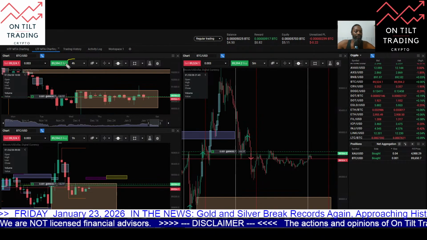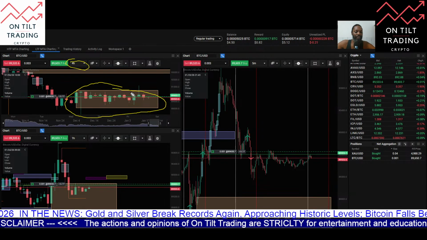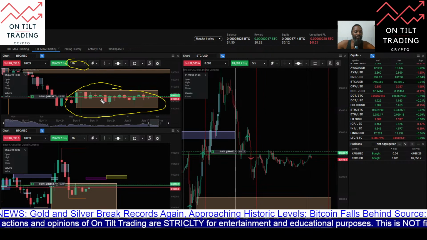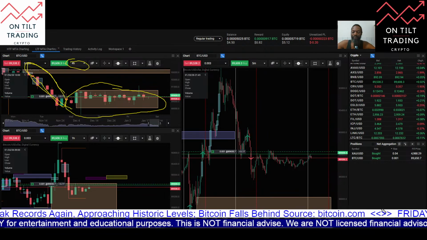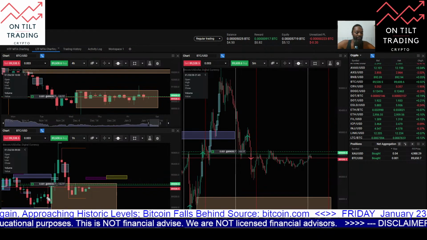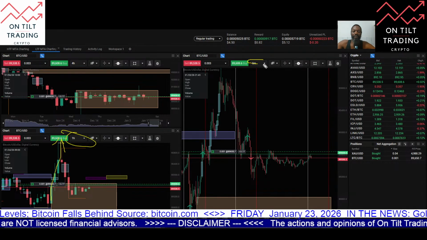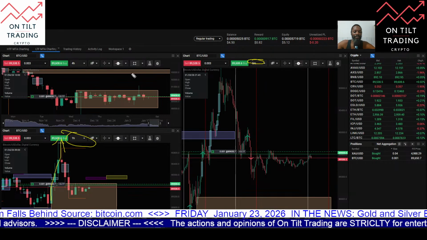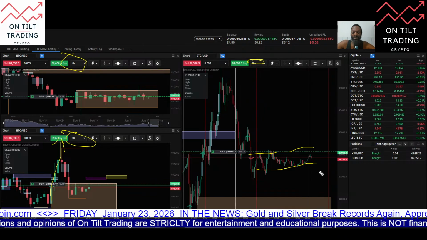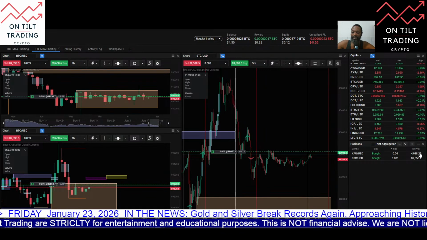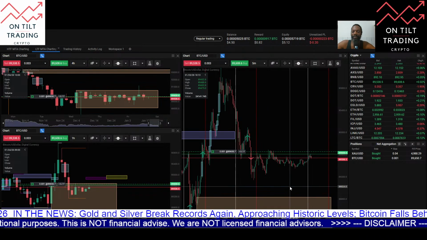And you can see here on the 4-hour, for the last, let's say 3-4 days, price has simply been ranging here, whereas back here price was actually trending to the sell side, and we can see price trending here to the buy side on the 1-hour. And then here on the 5-minute, similar to the 4-hour, price is simply ranging here. So not expecting very much, but things could change very quickly here.